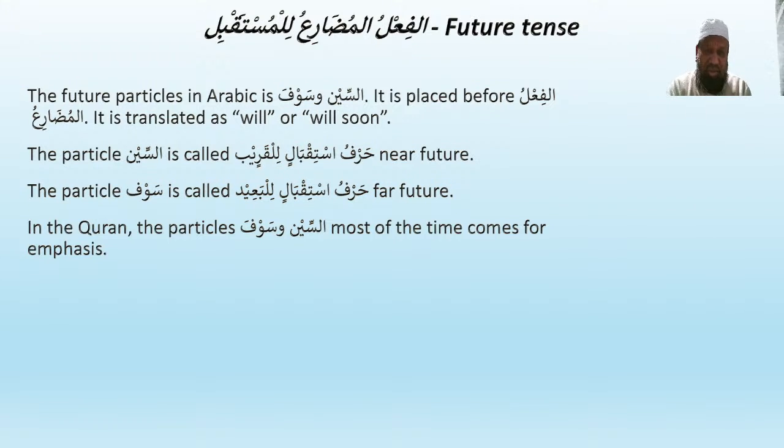They will be staying there for long for their accounts. It will be delayed. So we can understand that when the Quran comes and we see sin, it means near future, and sawfa means the far future.